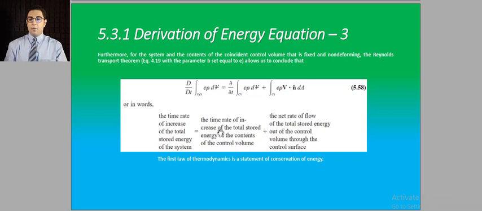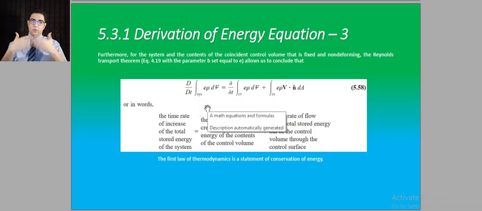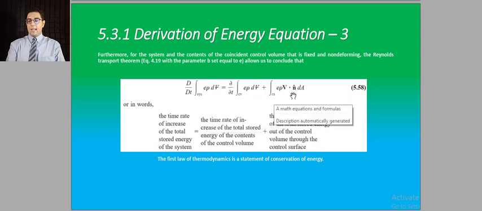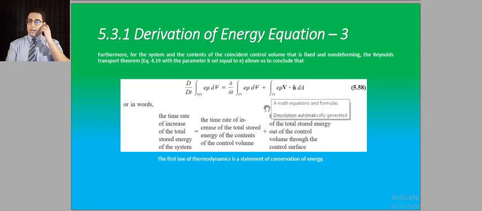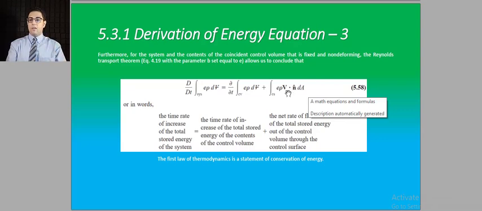Here I have a point to tell you. As you see, we have the derivative of the system for the total energy. In this term, we have the control volume term, which is time dependent. And here we have the control surface term, which has the dot product of the velocity and the normal of the surface.